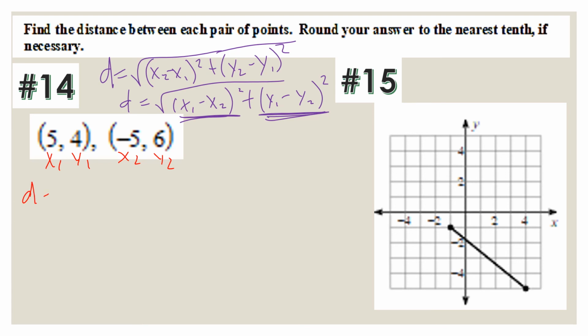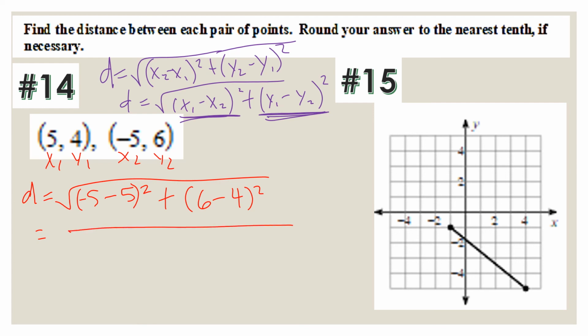So I have distance equals the square root of negative 5, and remember we need parentheses here, negative 5 minus 5 squared plus 6 minus 4 squared. Negative 5 minus 5 is negative 10 squared plus 6 minus 4 is 2 squared.